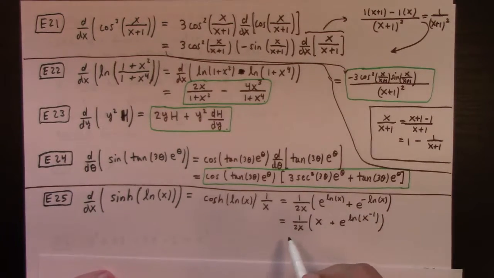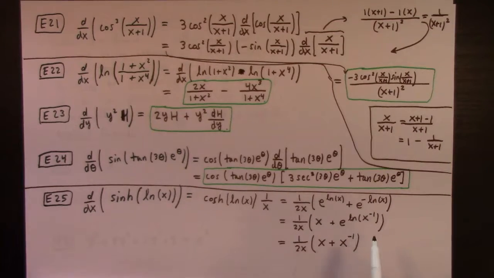But that is 1 over 2x times x plus x to the minus 1, which, of course, we could rewrite as simply 1/2 of 1 plus 1 over x squared. There you go. That's the simplified answer.